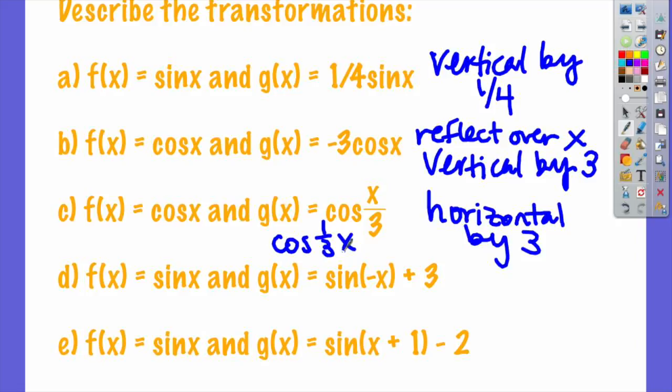Who got D? I got 2 transformations. Christian, give me one of them. What's one of the transformations? Help him out. Give him one of them. It is a reflection over the y-axis. You're making x negative.